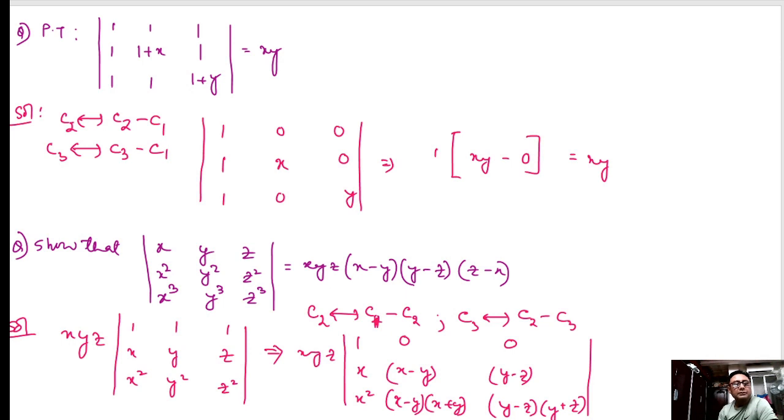Next, see friends, prove that this is equal to xy. So let's apply the operation here. First, C2 minus C1. So see, C2 minus C1 and put it in C2 here.